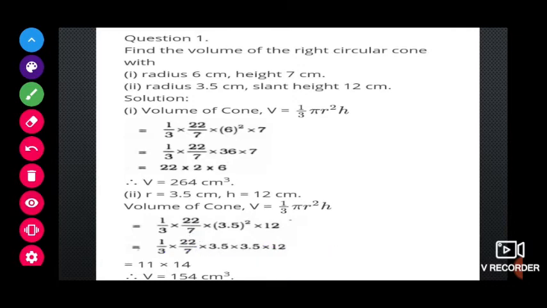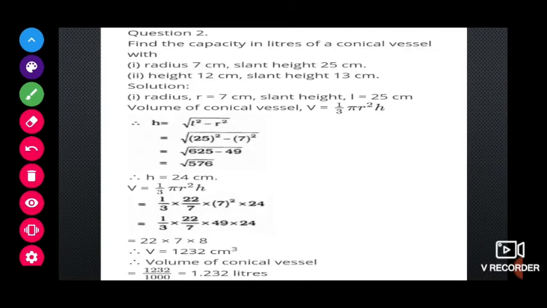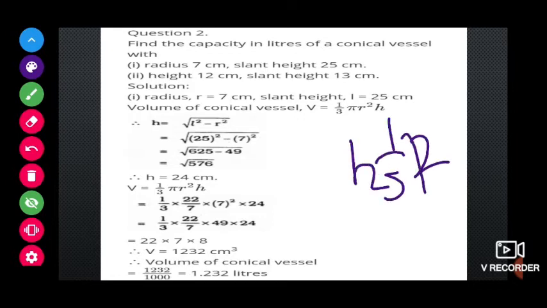Next, find the capacity in liters of a conical vessel with radius 7 centimeters, slant height 25 centimeter. Here actually, children, if we have a height we substitute directly in 1/3 pi r square h, but here they have given the slant height.